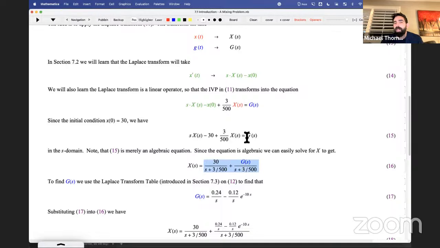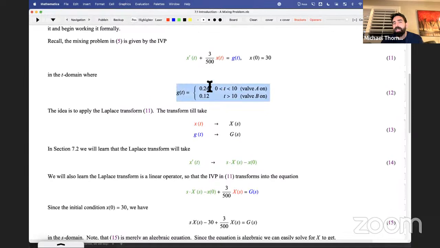And then at some point, we'll have to evaluate that G of S right there, the big G. You can use a Laplace transform table. And by the way, we're going to prove everything in the table anyway, so you don't get out of anything for free. But once you prove it, you can use the table. And so that little function G, where is it?